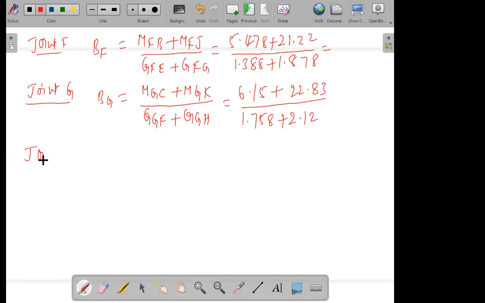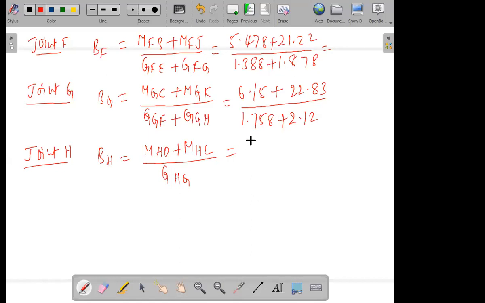Joint H. Here you will get the bH value. bH is equal to MHD plus MHL divided by GHG.